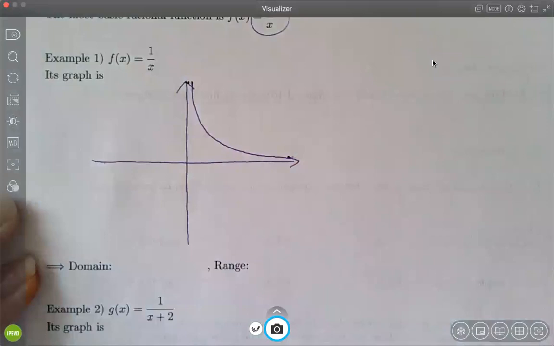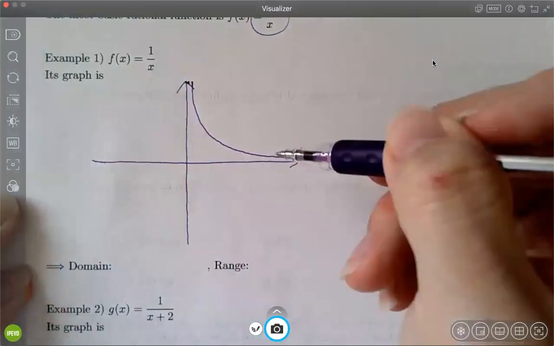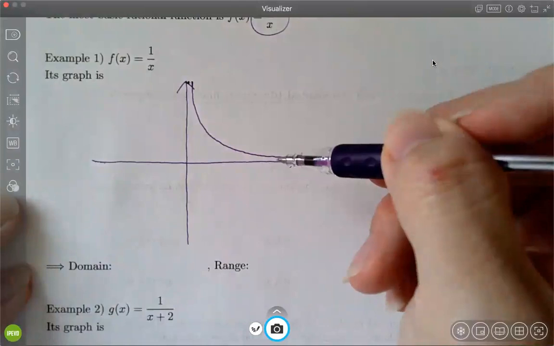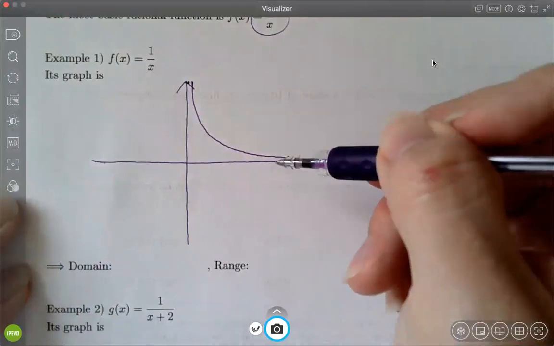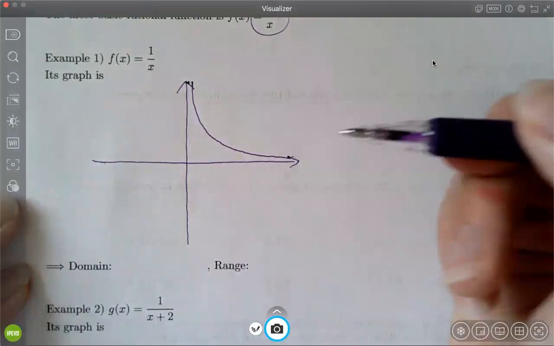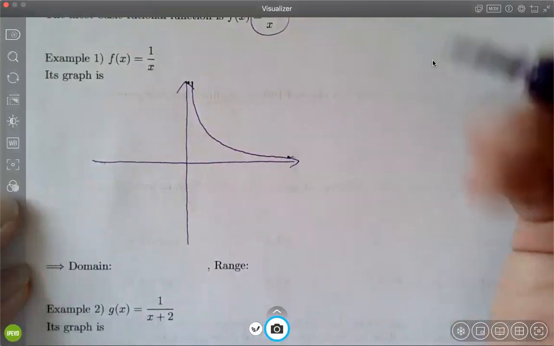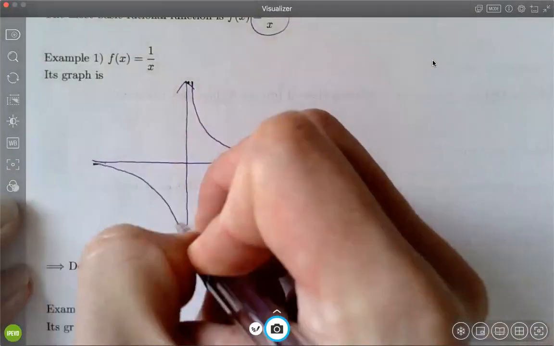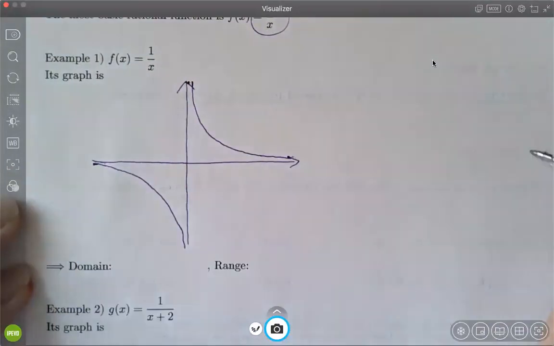Okay, so by looking at this curve, it should remind you where the other curve is. Okay, it's in the opposite spot, right? Which is where? In the third quadrant, right? Like that. Okay, now, what is the domain of this 1 over x?